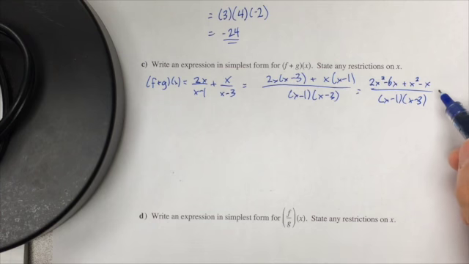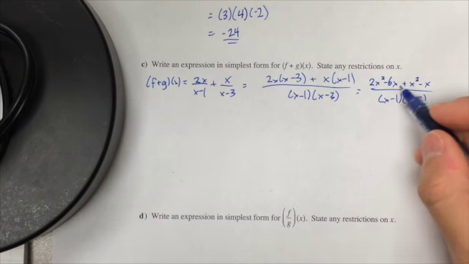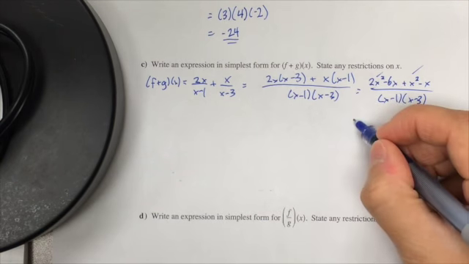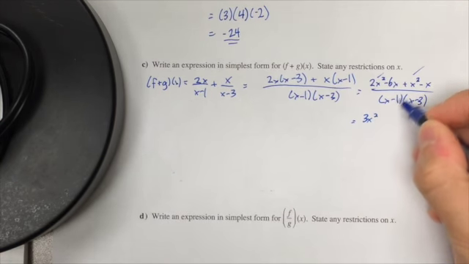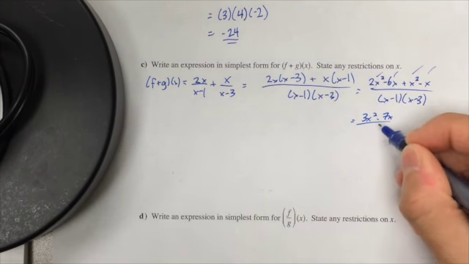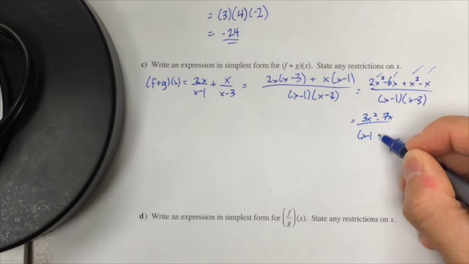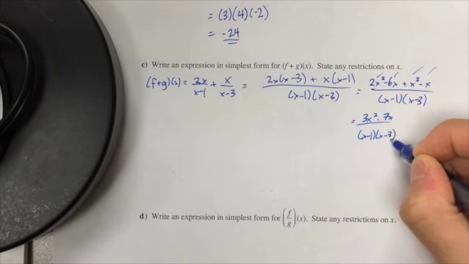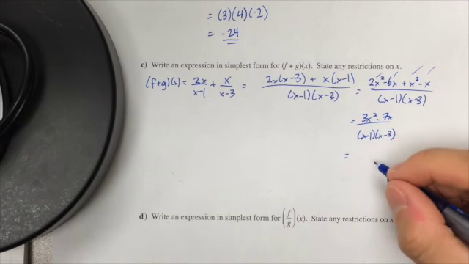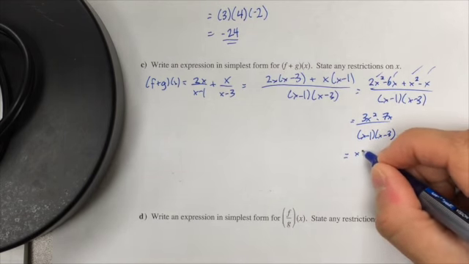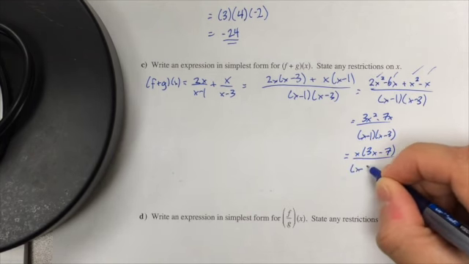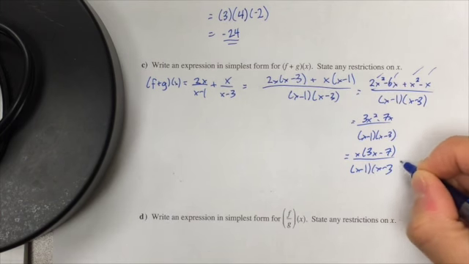And this here we can simplify. I have 2x squared plus x squared is 3x squared, then minus 6x and minus x is negative 7x, all over x minus 1 and x minus 3. And I can take the x out of here, so if I simplify that, that's going to be x times 3x minus 7 over x minus 1 and x minus 3.